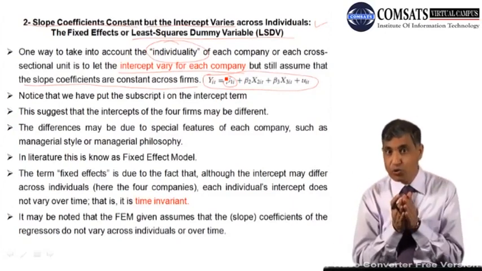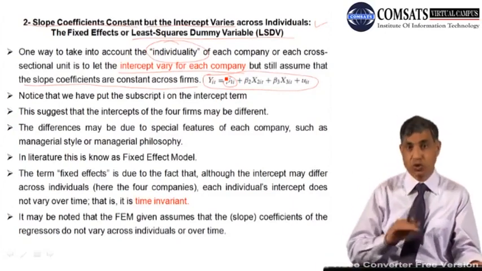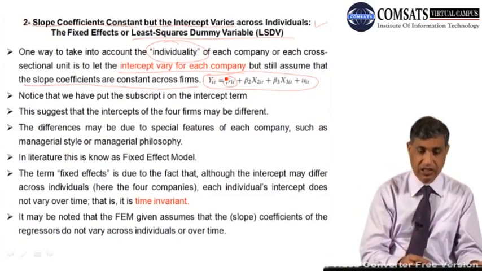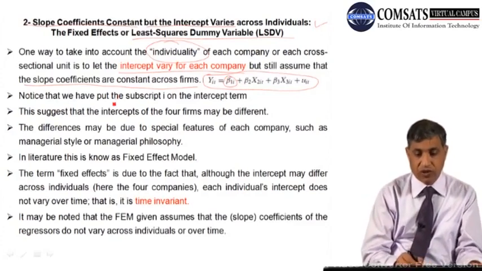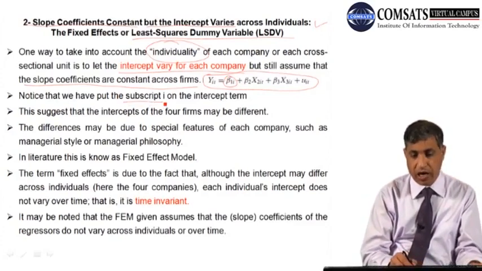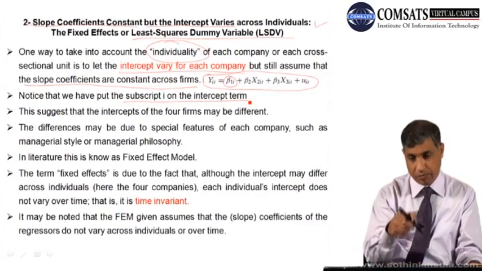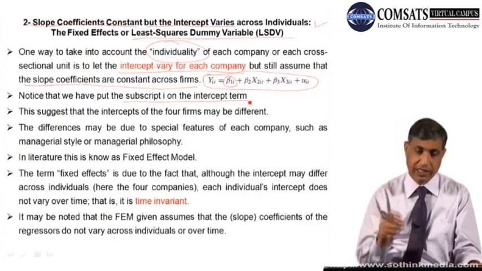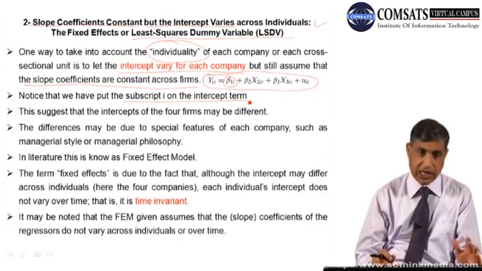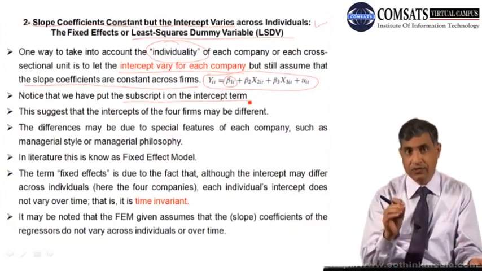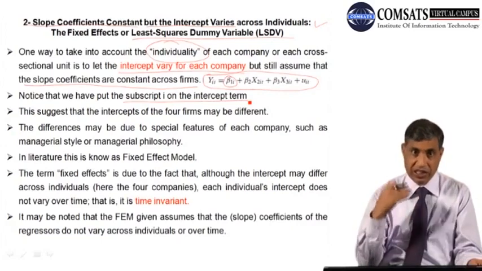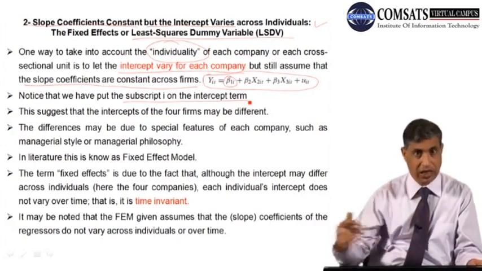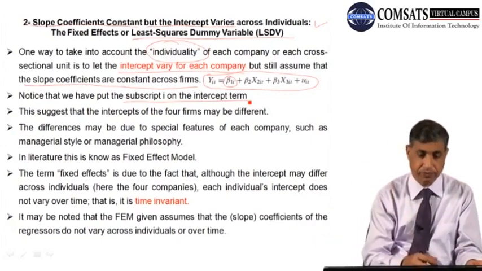I means now you are allowing your beta 1 to change across cross-sectional units. Notice that we have put the subscript i on the intercept term. अभी मैंने जो explain किया, that you have put the i on the intercept term, it means you are allowing things to change, i across units, t over time.